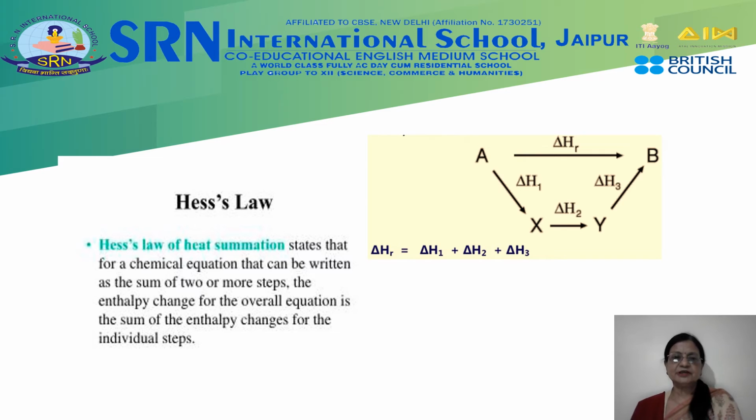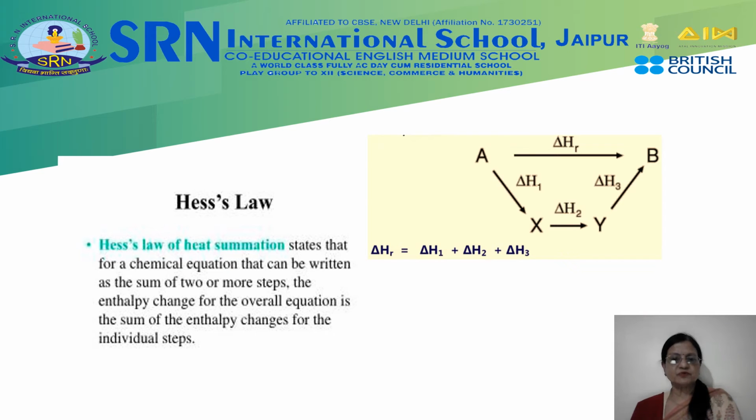For example, if A reactant is converting into B in one step, then the change in enthalpy would be delta HR, where R is the reaction. So for A converting to B, delta H reaction would be equal to the sum of the enthalpy changes taking place in different steps to form the product B. So A converting to B is delta HR, which will be equal to: when A is converting to X, it is delta H1.